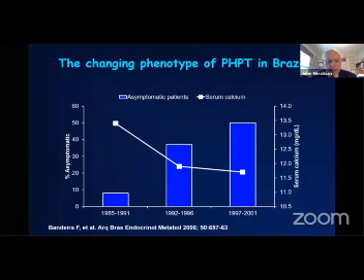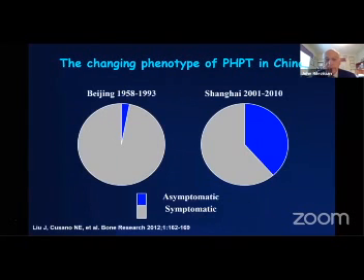This is an experience from Brazil, from our colleague Francisco Bandeira, showing that in Brazil, as calcium became more widely used, in the white lines, you can see the average serum calcium falls, and in the blue bars, you can see that the percentage of individuals with asymptomatic disease increases. Now, that was the case in Brazil.